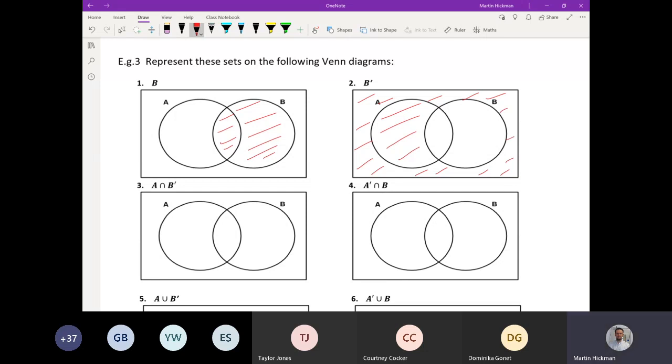For the third one, I'll look at A and not B happening. So this one, I've got a bit more happening here, so I'm going to draw some crosses to show what is being represented. Where A is happening, I'm going to draw a black cross there. Where B is not happening, I'm going to draw a red cross. Because it's A and not B happening, I need to shade everywhere where I've got two crosses there.